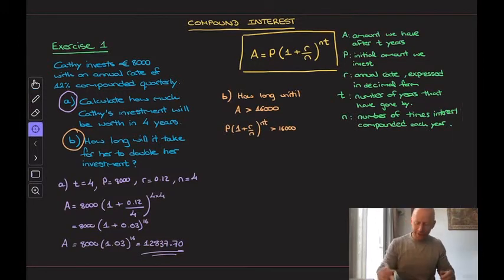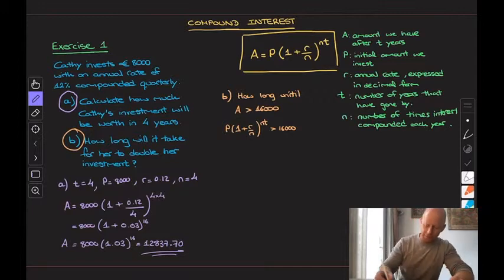And we can definitely complete this further, right? I mean, we know what P is, we know what R is, we know what N is. So, filling all that information in, this turns into, okay, well, 8,000 times 1 plus 0.12 over 4 raised to the power of 4t has to be greater than 16,000.